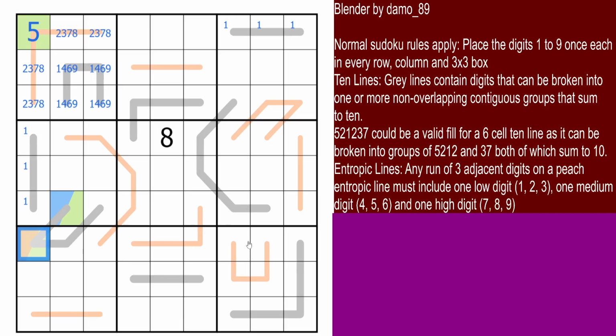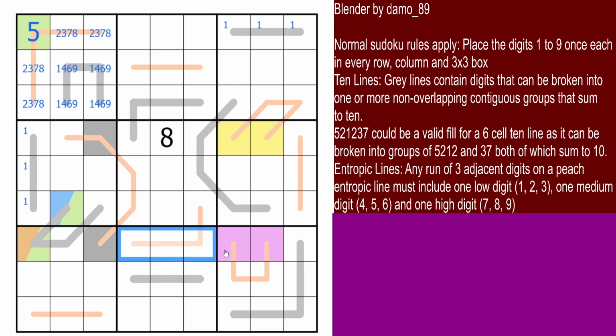Right, these lines. These two are of the same entropy. I don't know which one, but these two are the same entropy, these two are the same entropy, and again these two are the same entropy. And this is again an entropy line, and these are 3 consecutive digits, which means this must contain 1 of each.